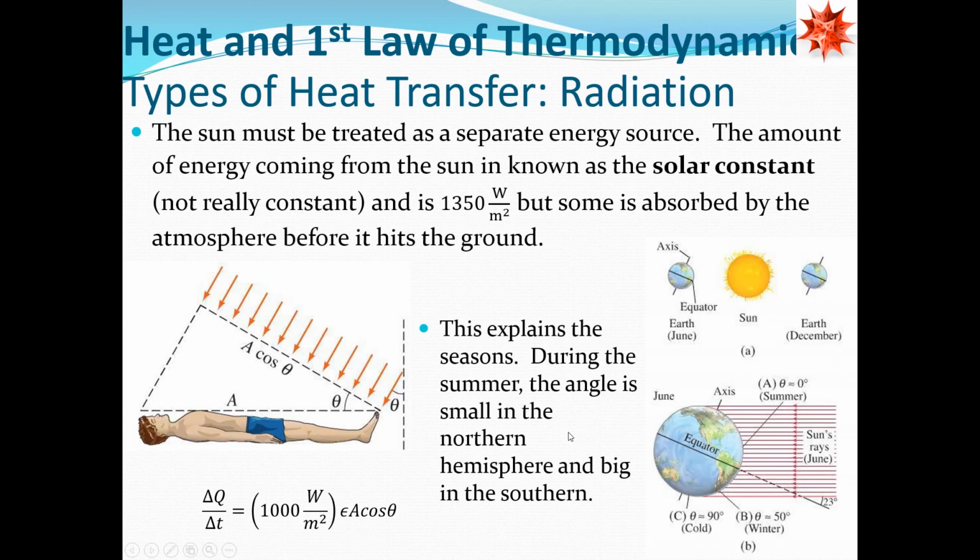This actually gets used sometimes when we're dealing with planetary stuff. It can be used to figure out distances of stars and such. We have something called the solar constant, which is 1350 watts per meter squared. The angle also affects the amount of heat that gets onto the object.